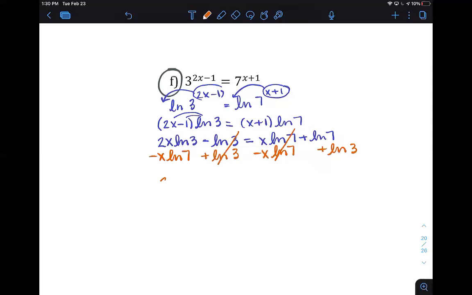So we have 2x natural log of 3 minus x natural log of 7 equals the natural log of 7 plus the natural log of 3.